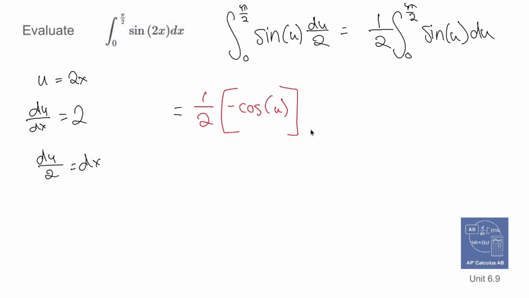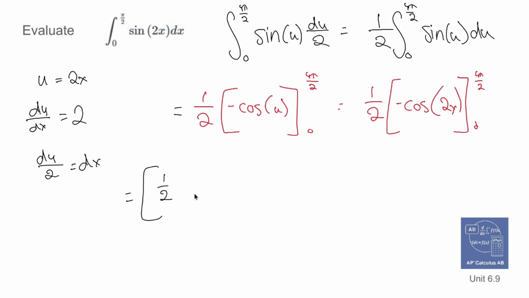Now my limits of integration are 0 and pi over 2, but remember this 0 and that pi over 2 goes with the original problem, where x is 0 and x is pi over 2. So I have to substitute 2x back into u. So this becomes 1/2 negative cosine 2x, and now we're cooking with gas. Okay, limits of integration, let's do the whole thing where we make a big bracket.